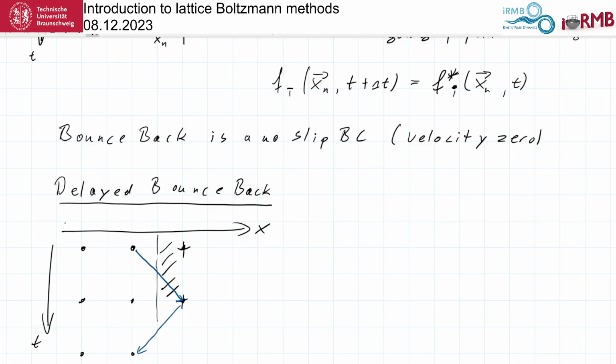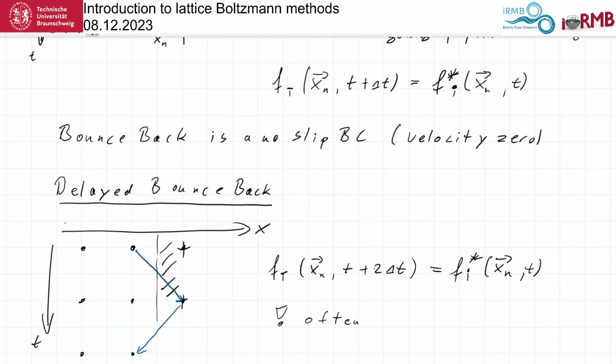The reason why this is used is that this comes back 2 time steps later, f_i asterisk at x_n and t. Okay, so the reason why this is done is just empirical, and this can also be explained, but the explanation is a little bit complicated.